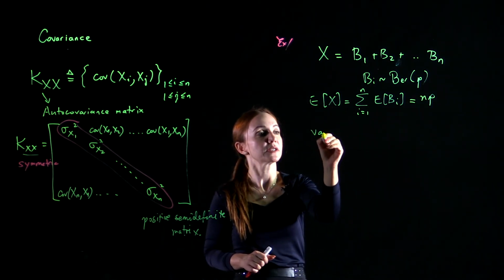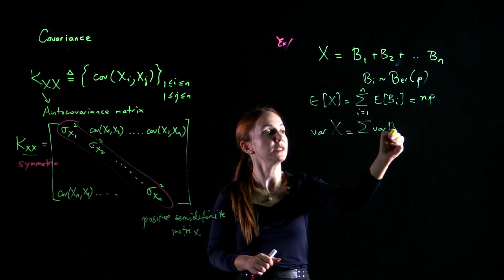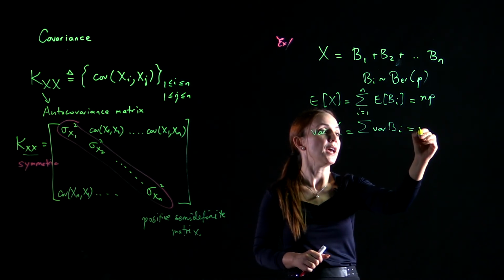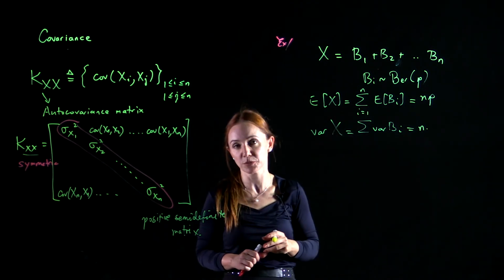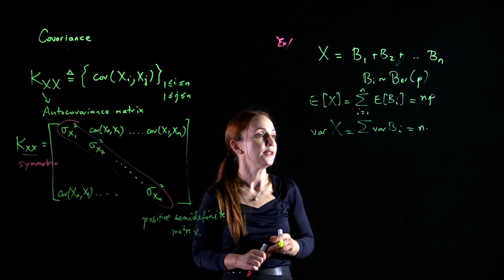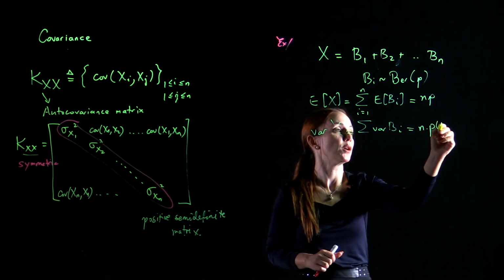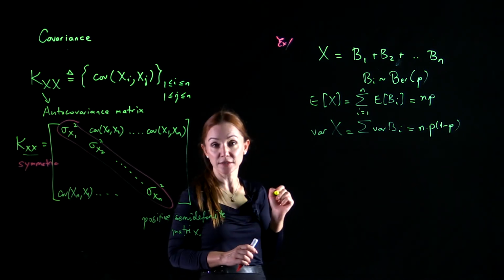The variance of the sum, because of the uncorrelatedness, is the sum of the variances. And this is n times the variance of one of them, because they have the same distribution. The variance of a Bernoulli random variable is p times 1 minus p. So np(1 minus p).